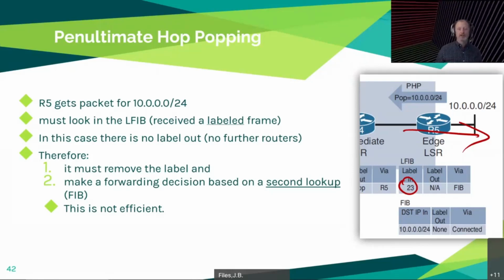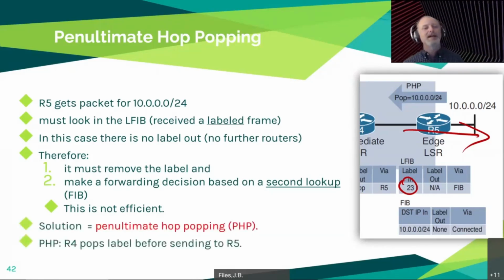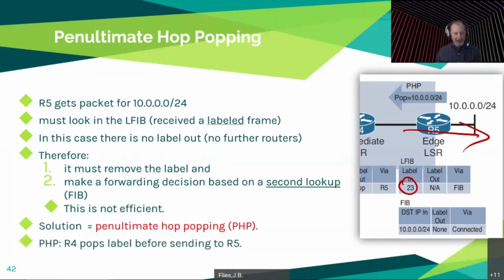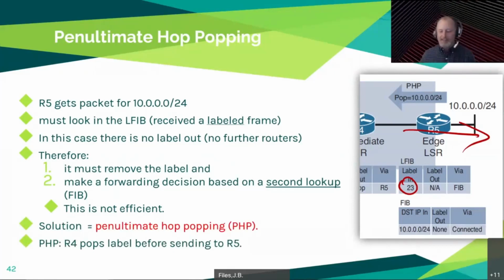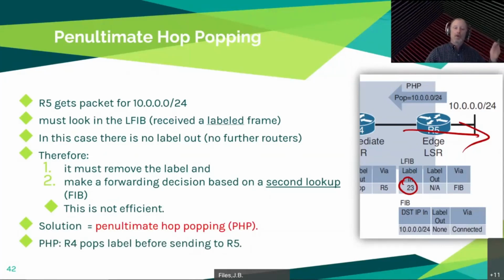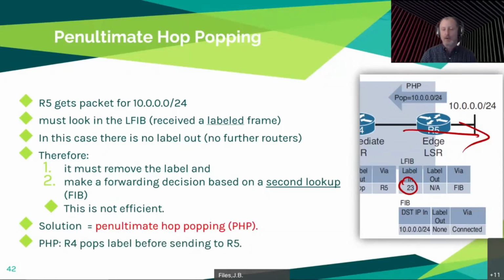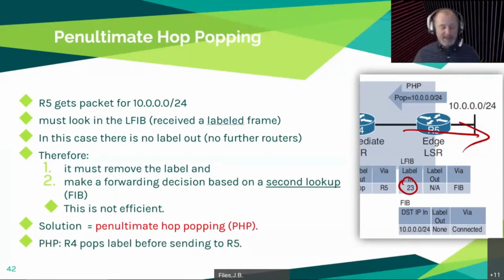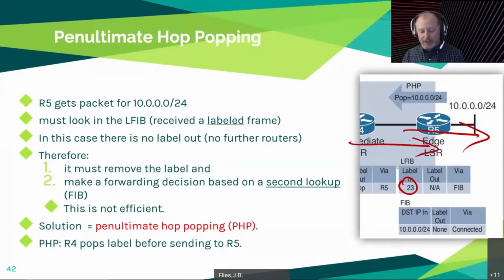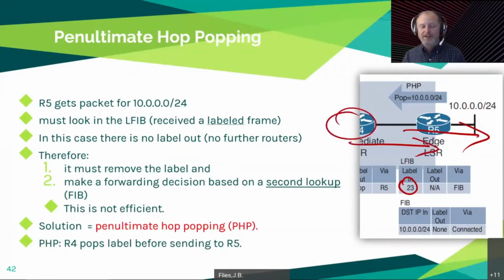So we do have a solution for that. It's called penultimate hopping. Okay? Basically what that means is R4 removes the label when it sends it to R5 so that it is not labeled. Since it's not labeled, R4 knows that R5 is the last hop.